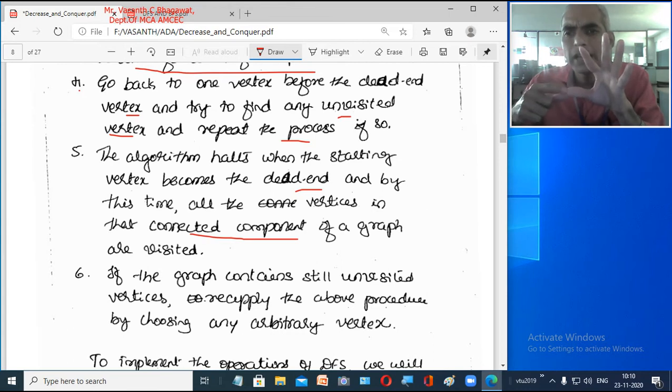Check this, is it a goal node? If it is not the goal node, you mark it as visited and go to its adjacent node. You have to look into the adjacent nodes. How many nodes are adjacent to this vertex? Start from the chronological ordering of adjacent nodes, and when you go to that node, mark it as visited.